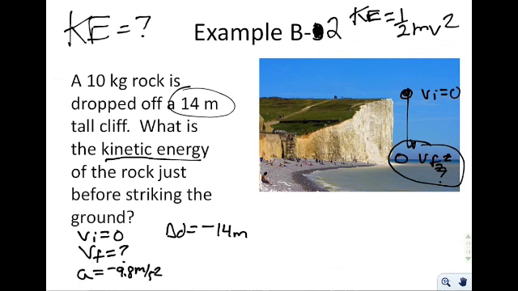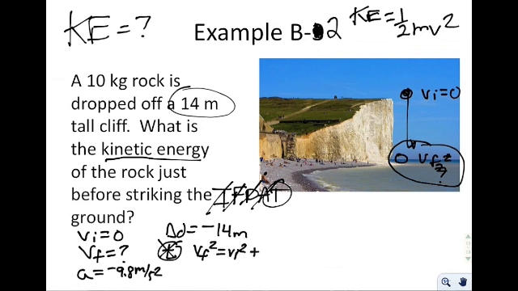I do not have any use for time. So remember, with your IFDAT, you have the initial, the final, the displacement, the acceleration, and you do not care about the time. So you're going to choose the equation that does not have time in it: Vf squared equals Vi squared plus 2ad.